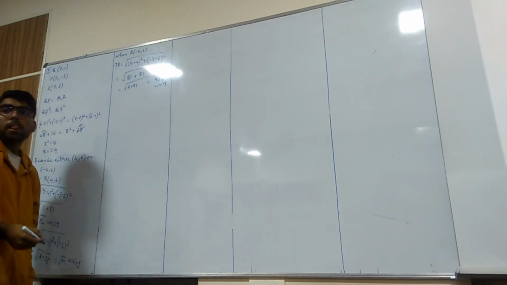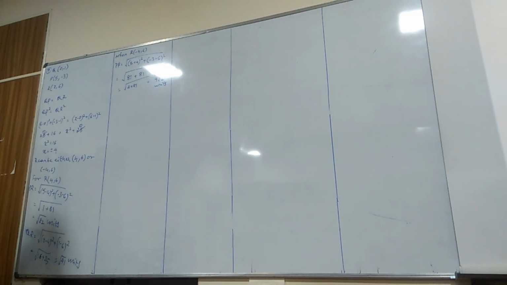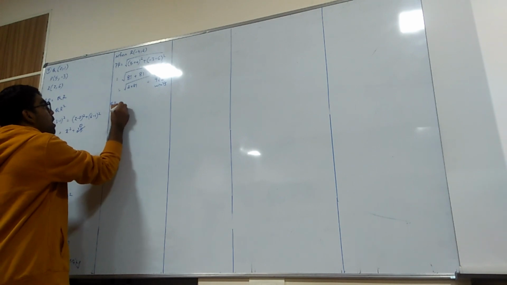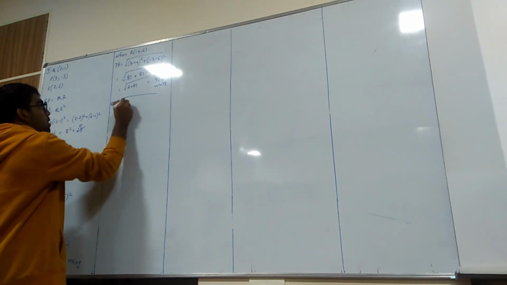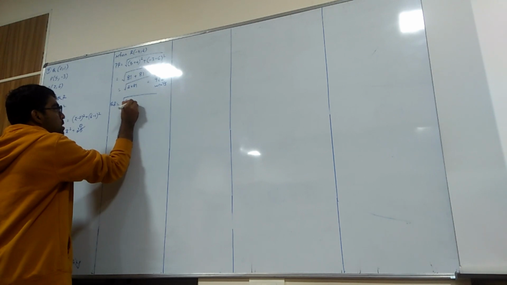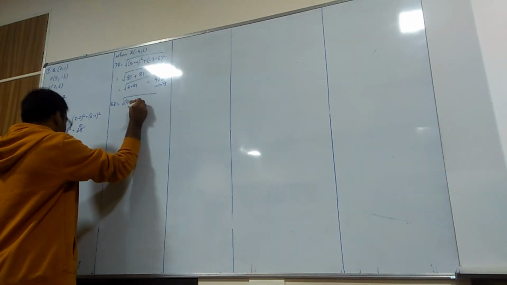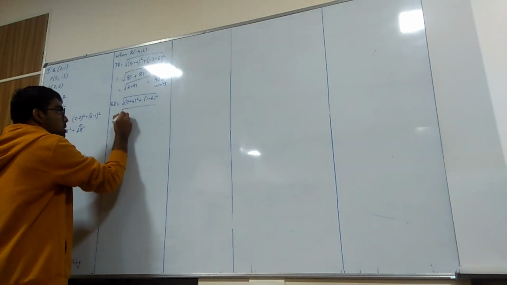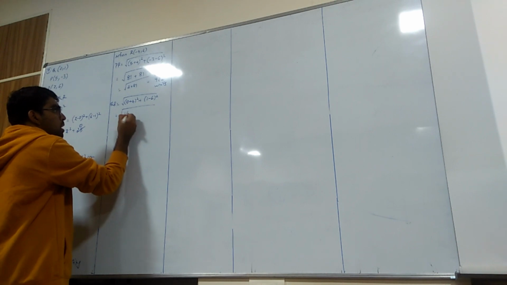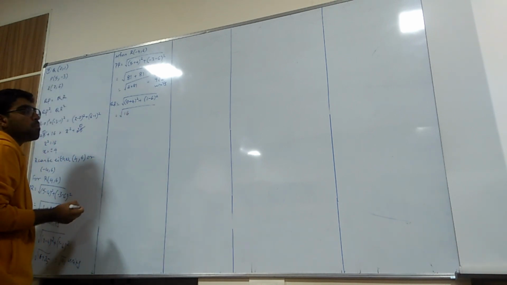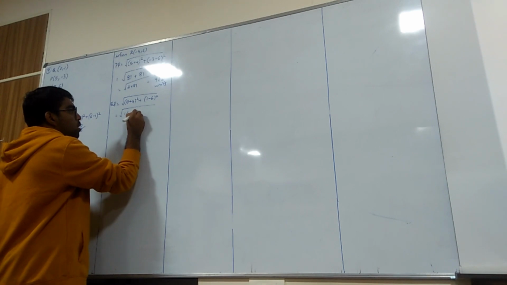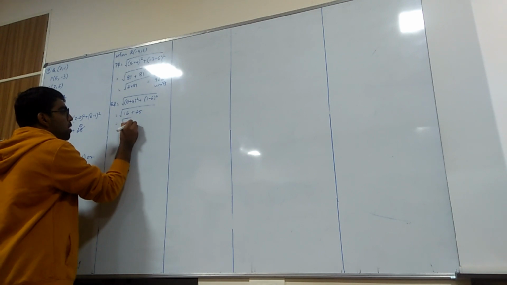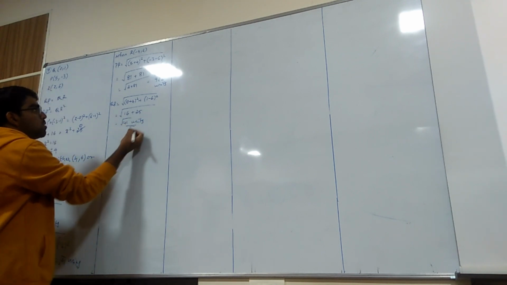Clear? Similarly we have QR. QR is equal to root of (0 minus of minus 4, which is plus 4) the whole square plus (1 minus 6) the whole square. 4 square is 16, 1 minus 6 is -5, the whole square 25. 16 plus 25, root 41 units. That's it.